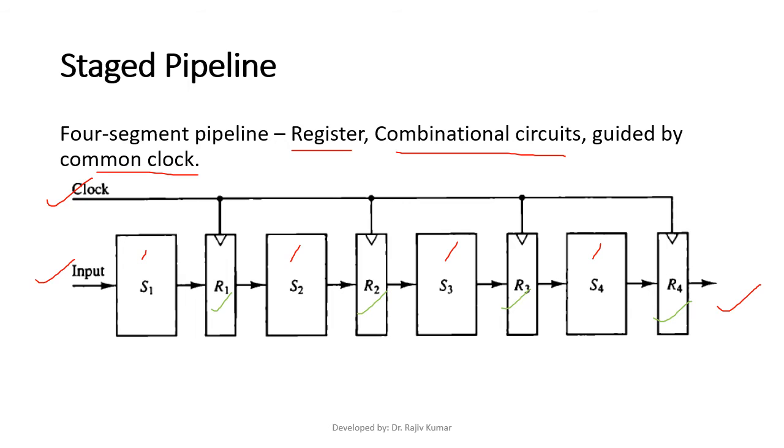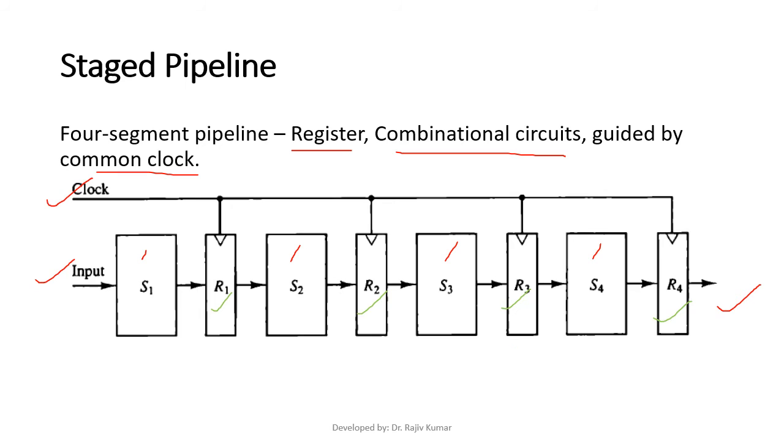Okay. Any input of S1 goes to S2 through R1. R1 stores that output temporarily. Then S2 processes it and generates an output that goes into R2. Similarly, it gives the output as an input to S3. S3 processes it, and the output is stored in R3, and so on we move on.